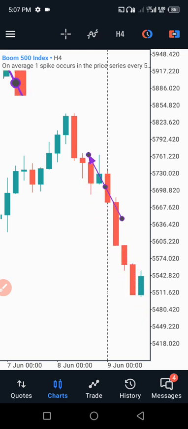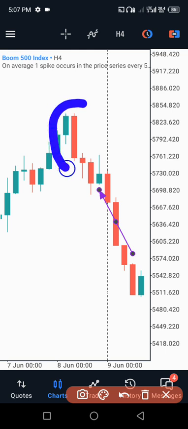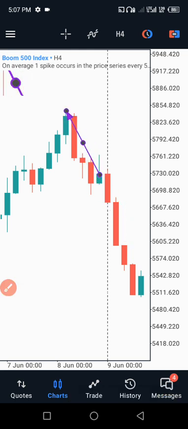But that is not a guarantee. The whole essence is just for us to be able to identify this candlestick pattern. This particular one here is called a bearish engulfing. When you see the red candlestick covering the blue candlestick, it is known as the bearish engulfing.